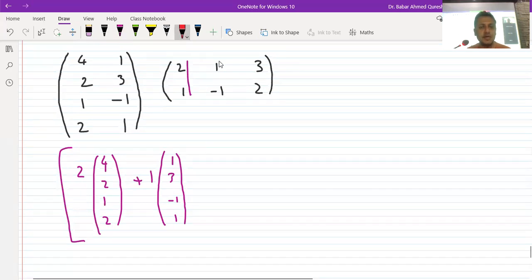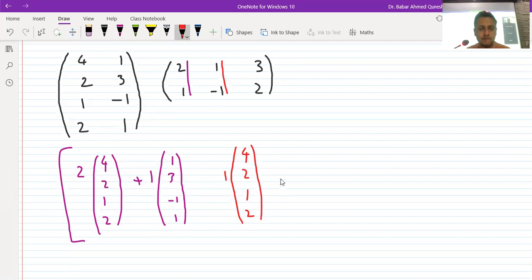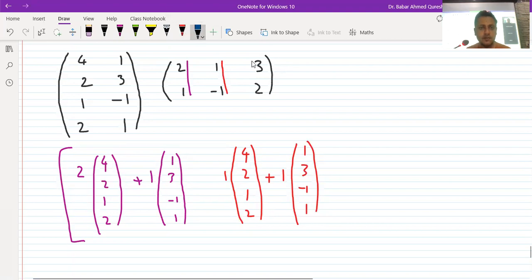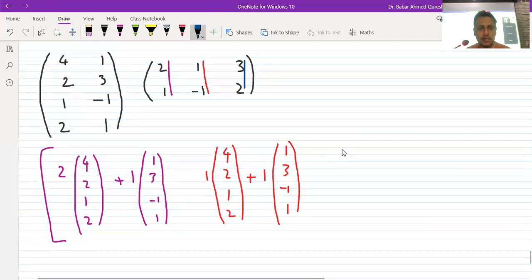Then you pick this guy and make a linear combination. 1 times 4, 2, 1, 2, plus 1 times 1, 3, minus 1, 1. And then pick this guy and get another column.